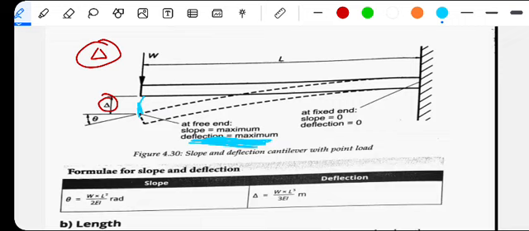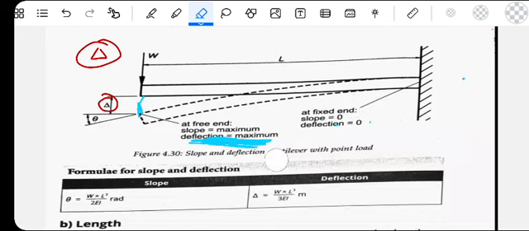But here at the fixed end, as you can see, it is flat. There is no angle there, it is horizontal, so the slope must be 0. Even the deflection there must be 0, because it's flat at the end. All right. So how do we calculate this deflection?